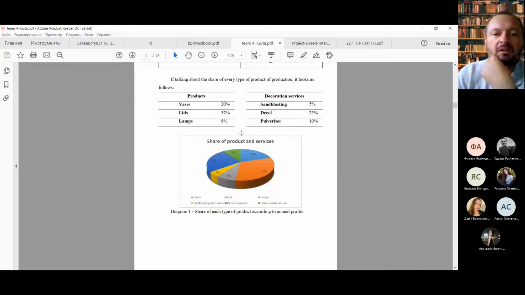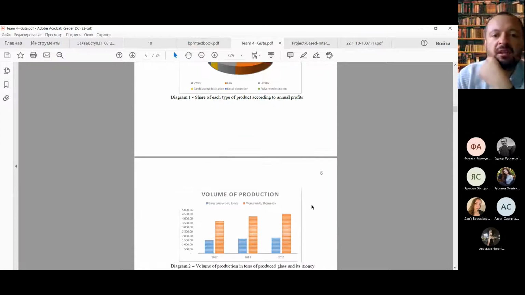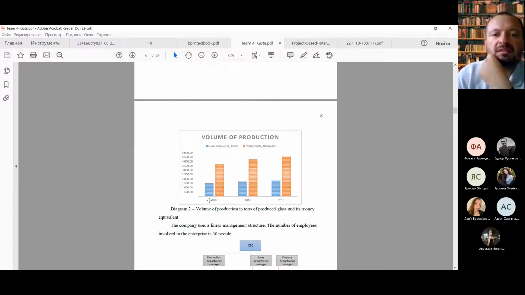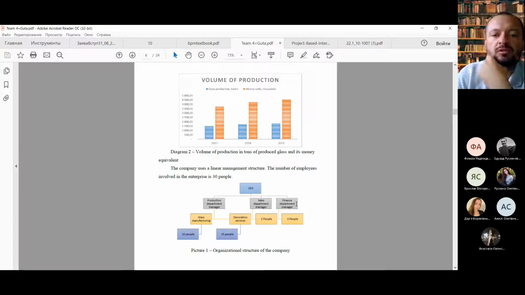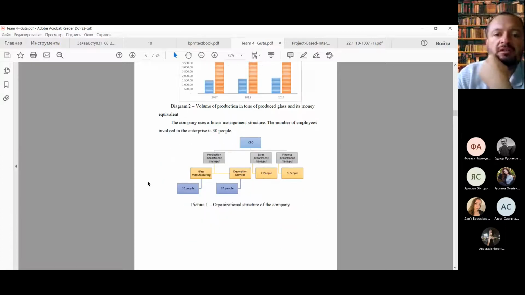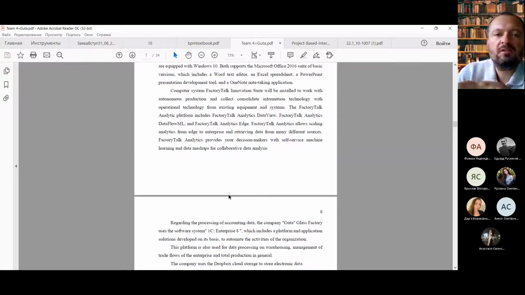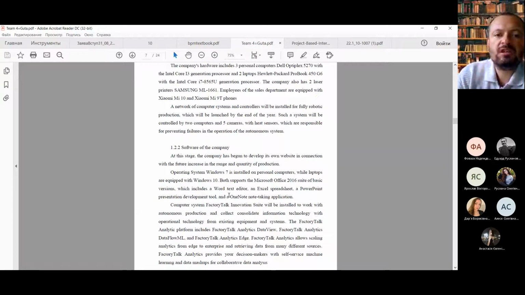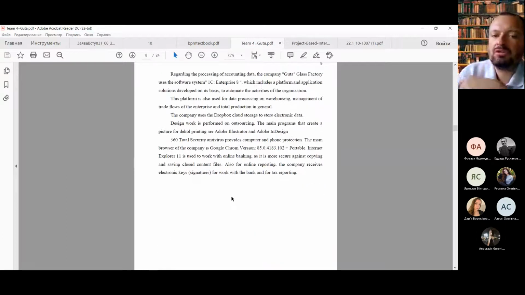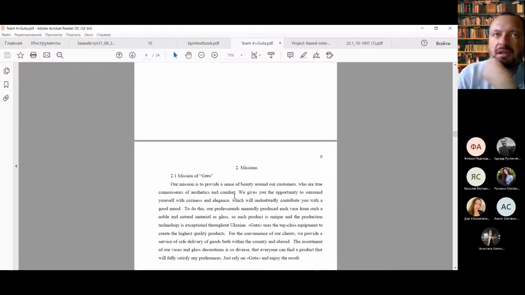You will have to explain the shares of every product, some volumes of production, and the organizational structure of the company. We are missing this point. It is connected with IT strategy. We are not touching this point in this course.